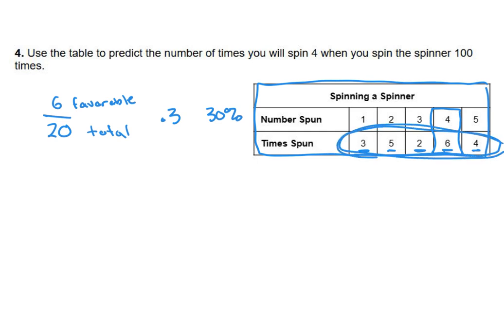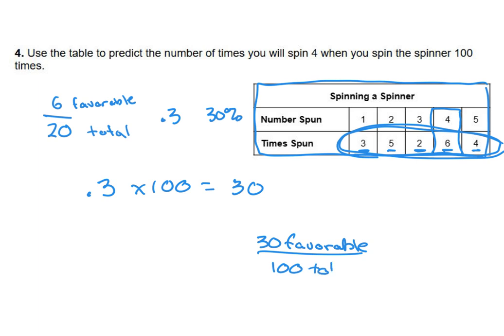We now need to do 100, so we'll take 0.3 times 100, and 0.3 times 100 is 30. So we would say that there would be 30 favorable out of 100 total.